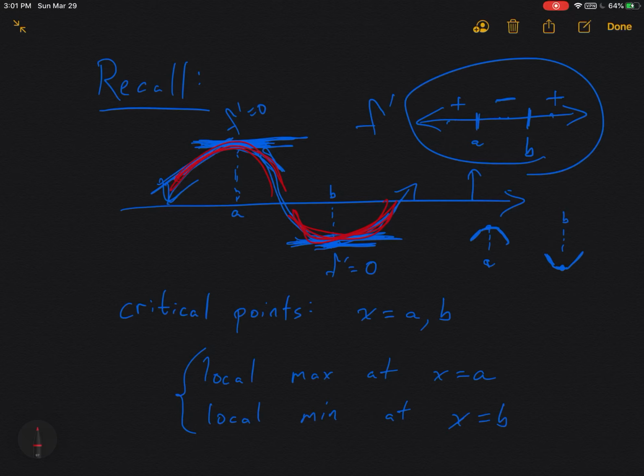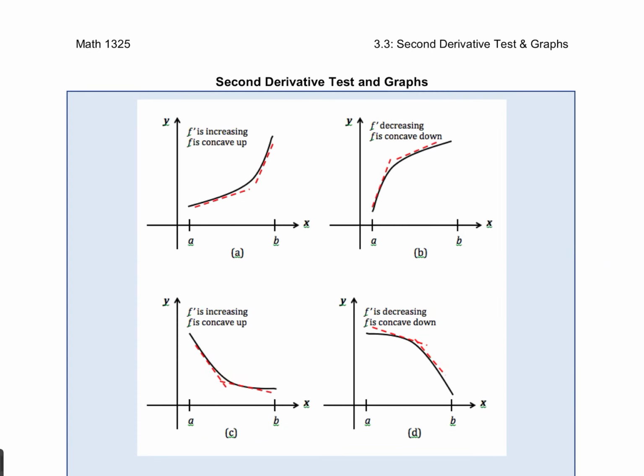It turns out that the second derivative will tell you whether you're looking at a downward-facing bowl portion of the graph or an upward-facing portion of the graph. We call this property of the graph the concavity of the graph. This first portion is called concave down, and the second portion is called concave up. And we'll talk about that in this set of notes.